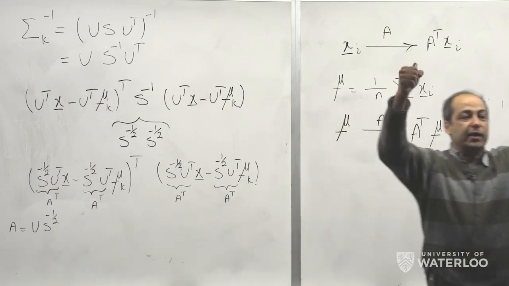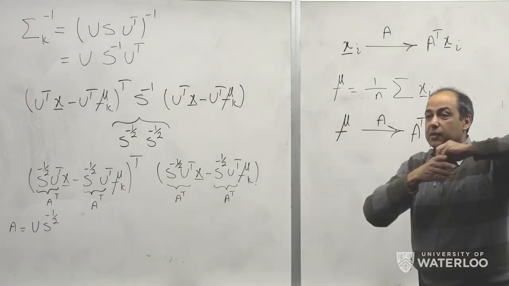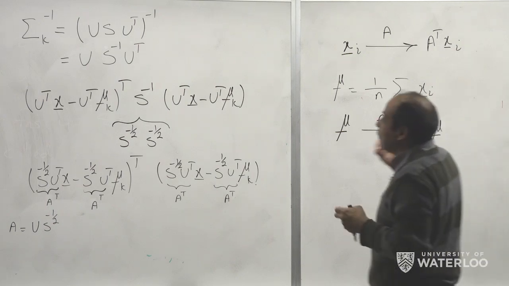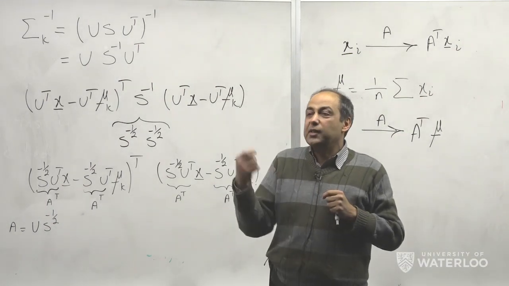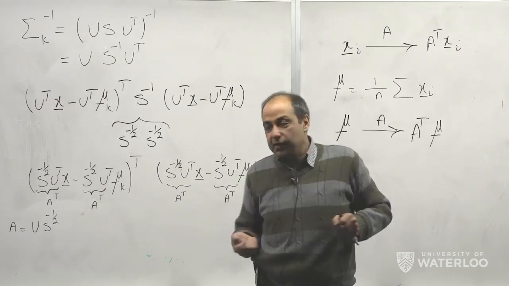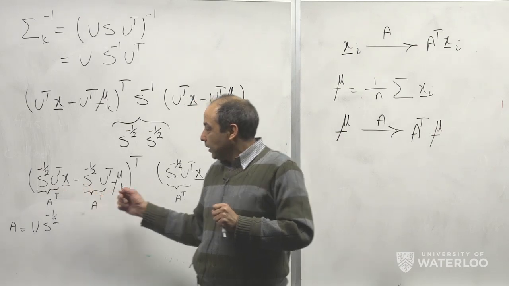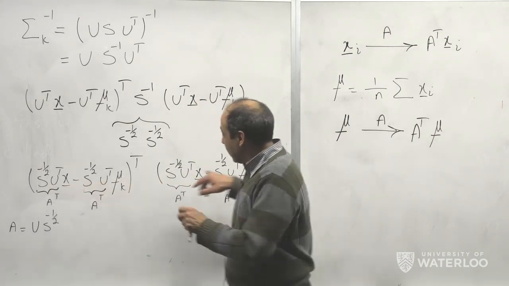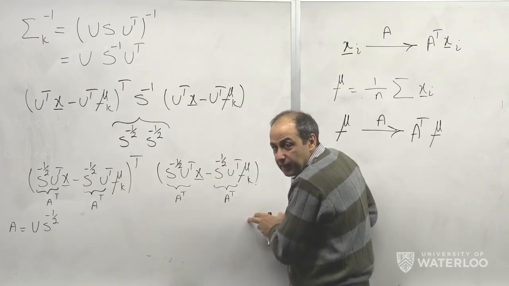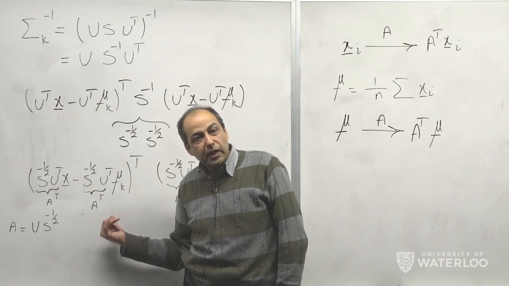Suppose that I have n data points, and I apply this transformation to all data points, and it gives me a set of new points. Among this set of new points, there's a new mean. So basically, what I have here is a squared Euclidean distance between the transformed point and the transformed mean.